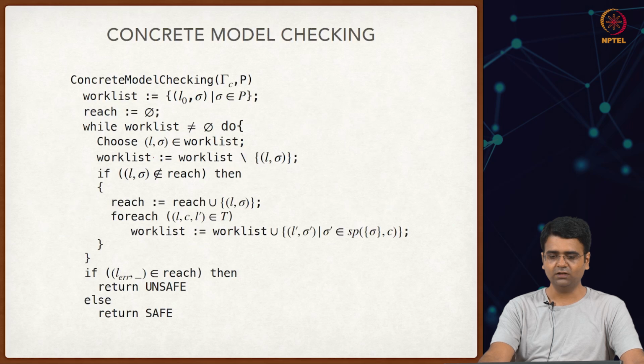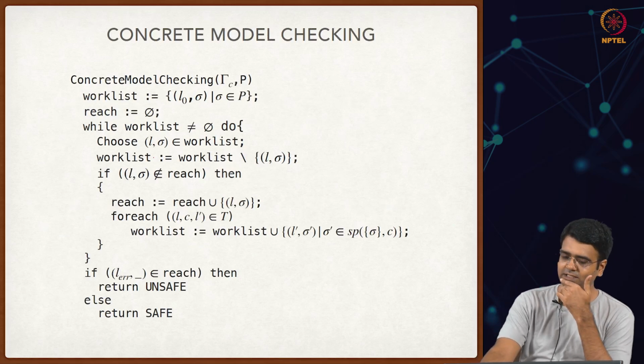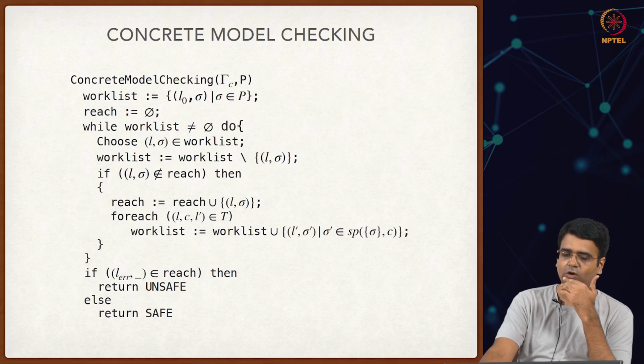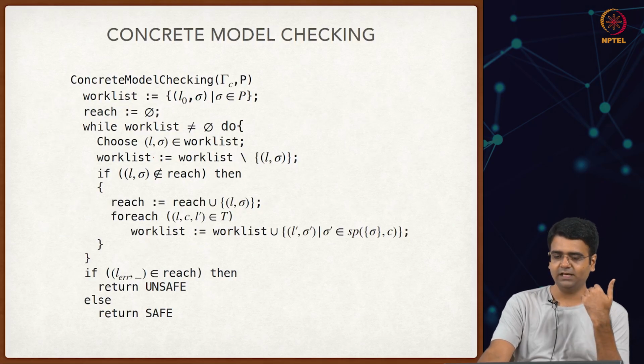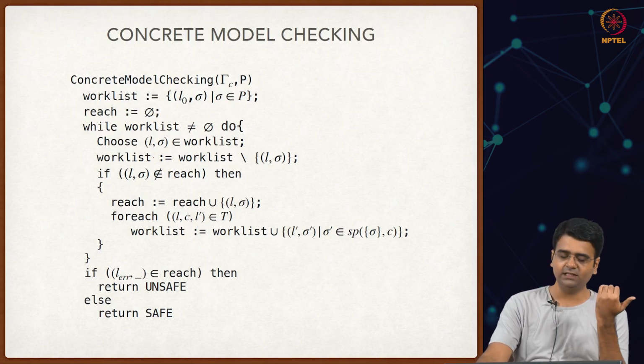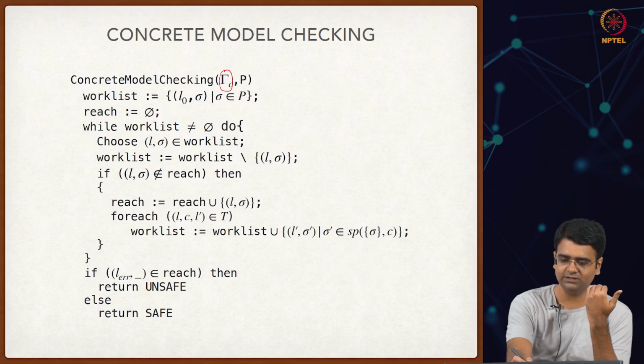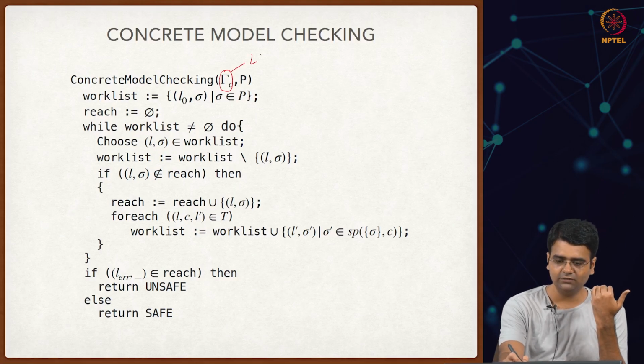We start with concrete model checking, and the idea behind concrete model checking is to explore the concrete program states that are reachable at every program location. Here I have given the algorithm for concrete model checking. Let's look at what it takes as input. It takes as input this gamma c, which, as we know, is the LTS of the program.